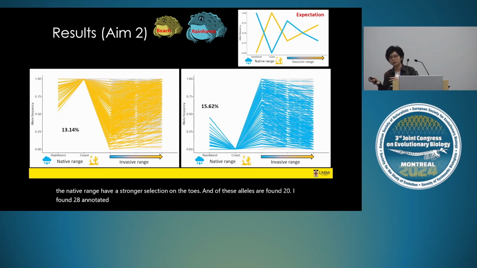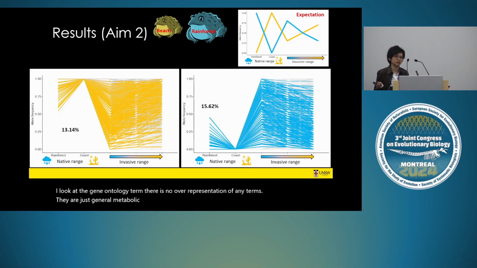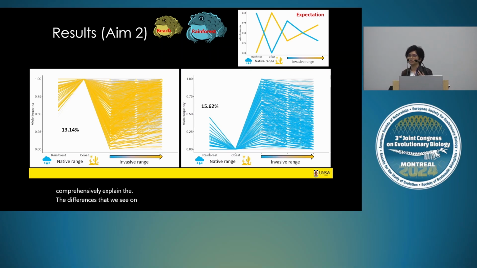They are located in 28 annotated gene bodies. Unfortunately, when I look at the gene ontology terms, there is no overrepresentation of any terms. They're just general metabolic processes or cellular components, which cannot comprehensively explain the differences that we see in the toads between the environments.